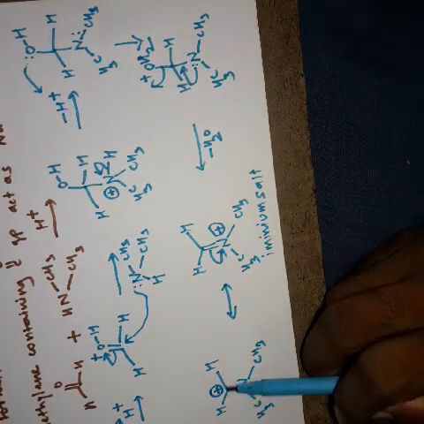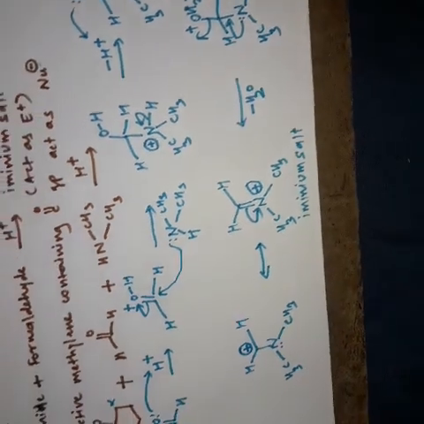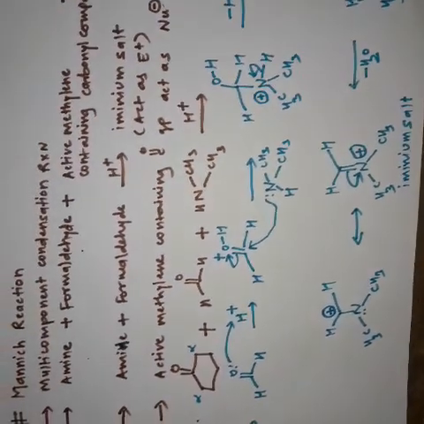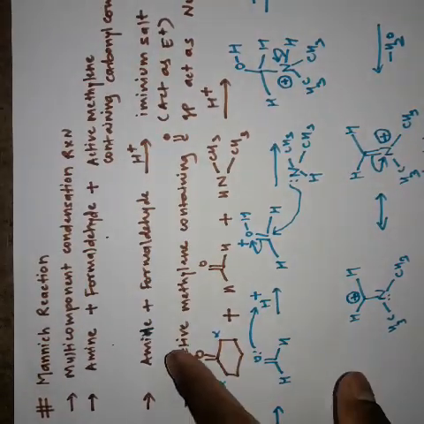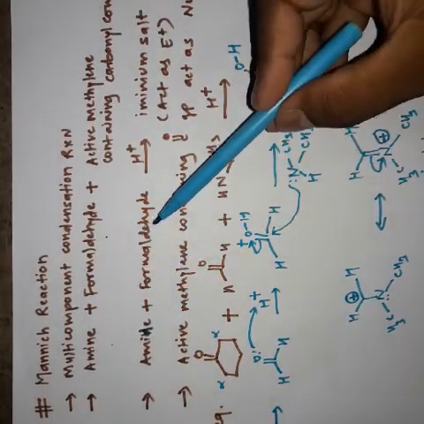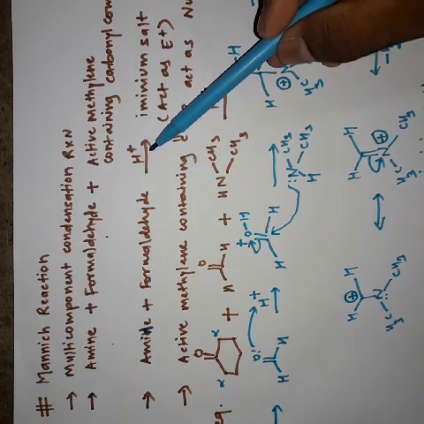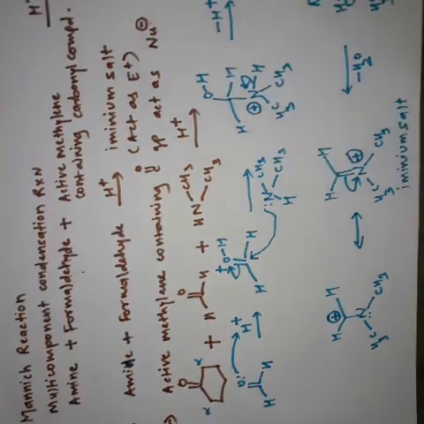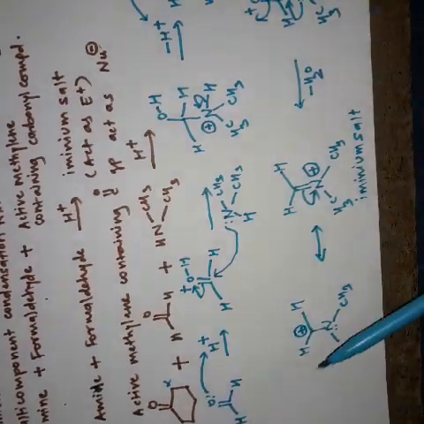Therefore, at this carbon, any nucleophile can attack and make a bond. So in the first step, when amine reacts with the formaldehyde in the presence of acidic condition, the iminium salt forms, which acts as an electrophile.